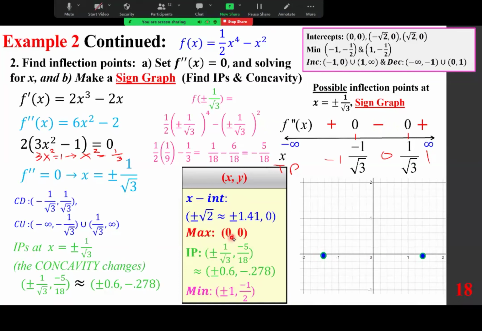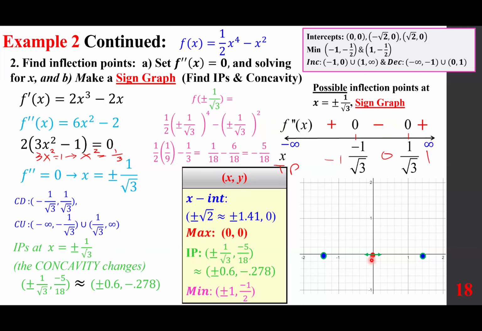Then we have another one at 0, 0, right at the origin. And we're going to put a double arrow because it is also a maximum, so the graph can't cross that. We have the IPs at these 2 pairs.